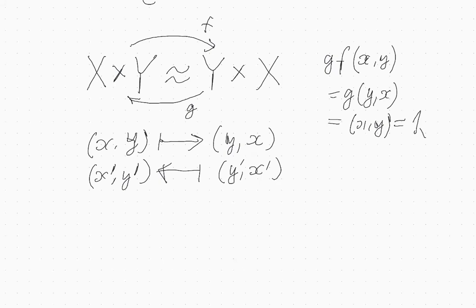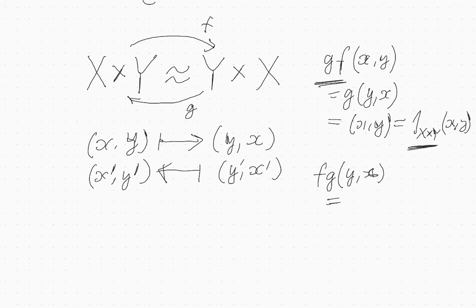And because this is true for every element, GF and identity function need to be the same function. And in exactly the same way, we can prove that FG of yx will always be equal to yx. First apply G to yx, we get xy.